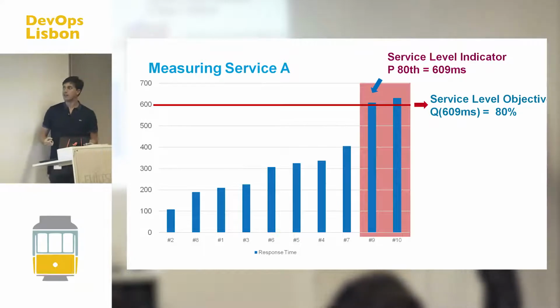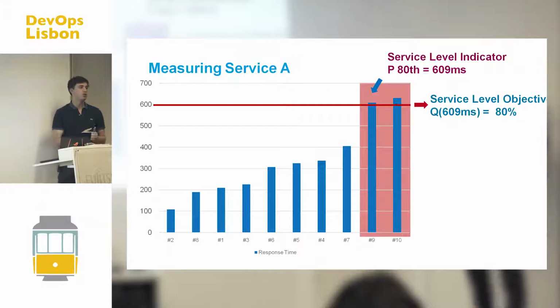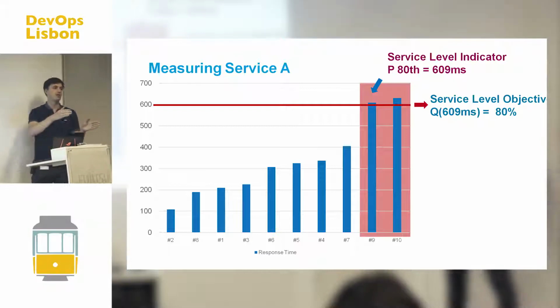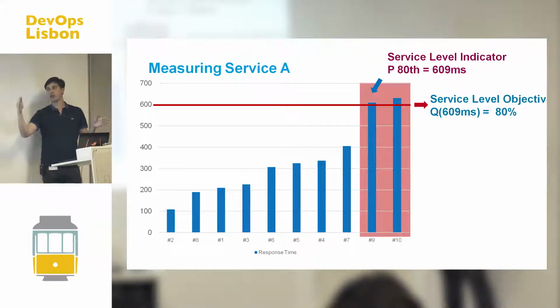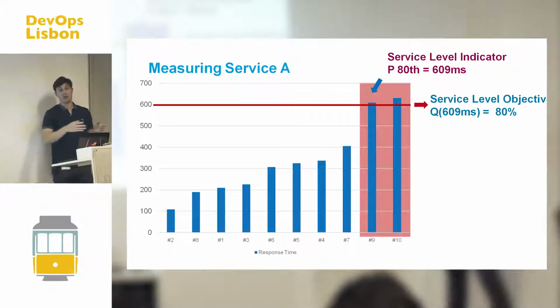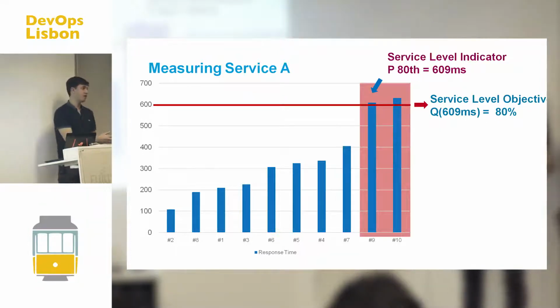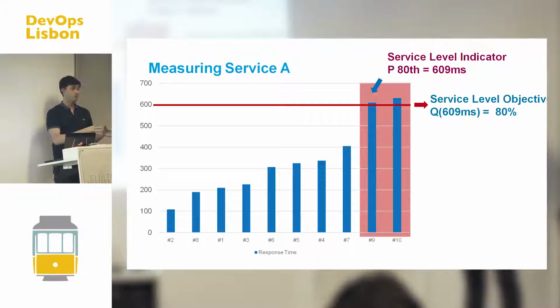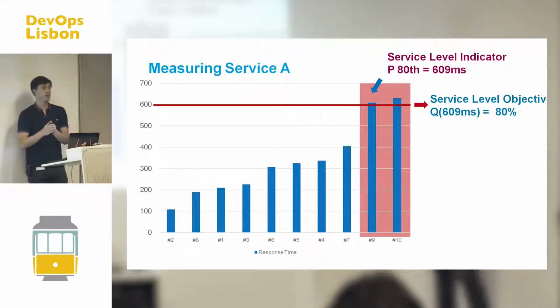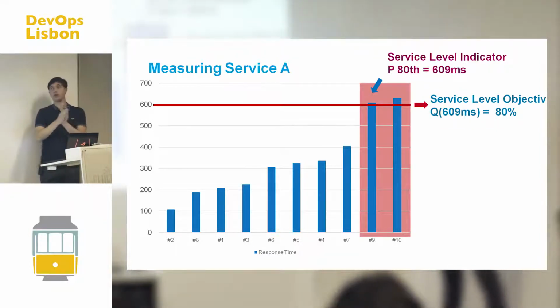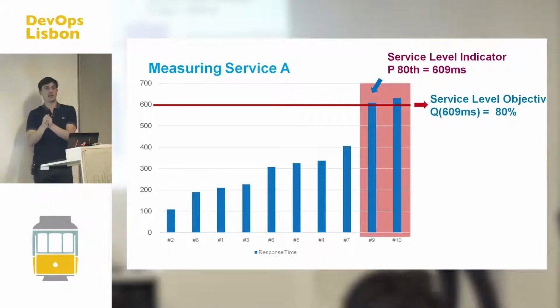So the percentile is very used for this, because usually we are looking to understand the extremes of our population, right? We are perfectly okay with the very fast requests. The slower ones are the ones that bother us, and that's why we usually target the higher percentiles.